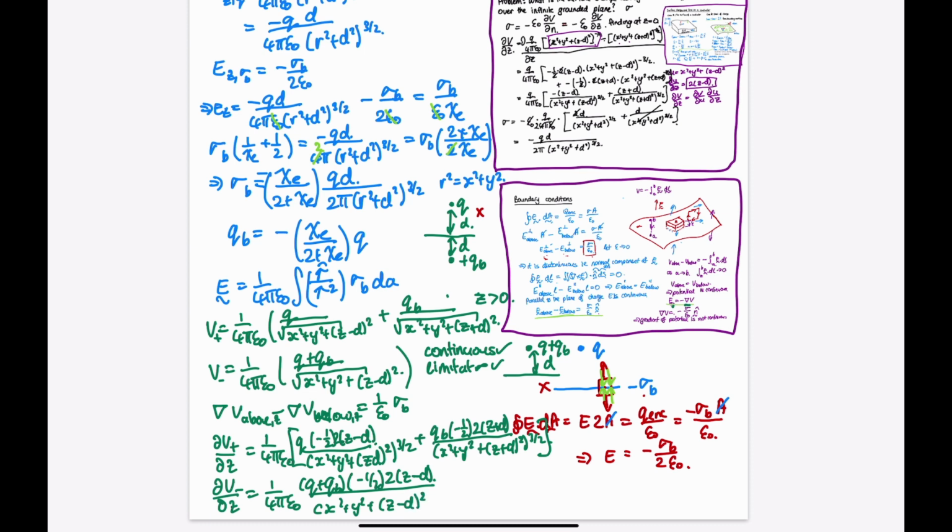Okay, and what we need is for these at the border here to be equal to, well, this should be minus sigma b in this case because this is a negative charge. So we'll need that equal to minus sigma b. So we need this evaluated at 0.